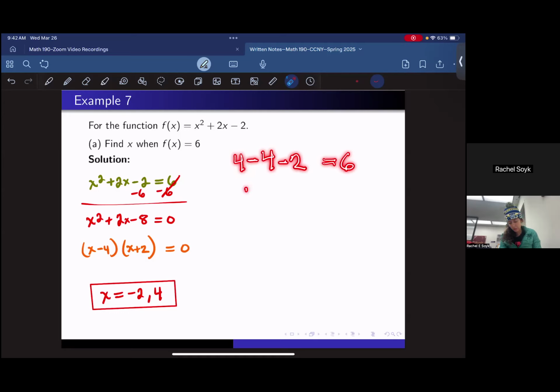So we have 4 minus 4 is 0, and then 0 minus 2 is -2. -2 is not equal to 6. So let me just make sure I did this properly. We have -2 times +2 is -4. This gives you 0 minus 2.